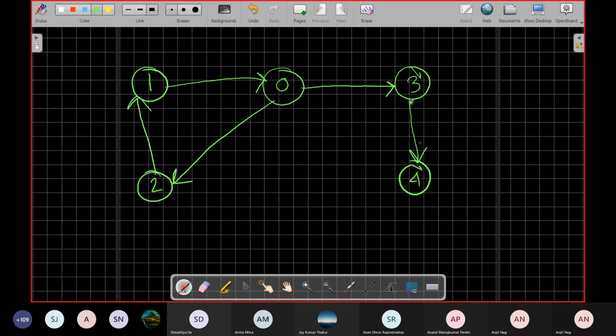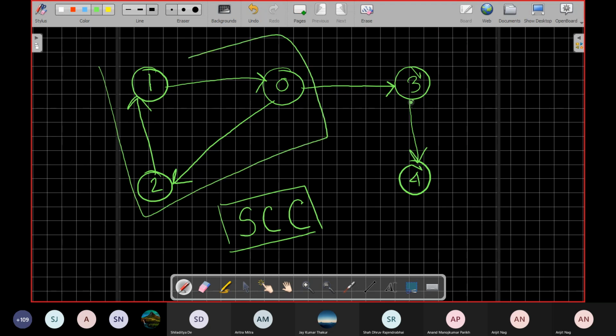Okay. So this is a directed graph. Now the thing is, what is SCC? Strongly connected component. Have you heard about that previously? A strongly connected component in a directed graph is this part.